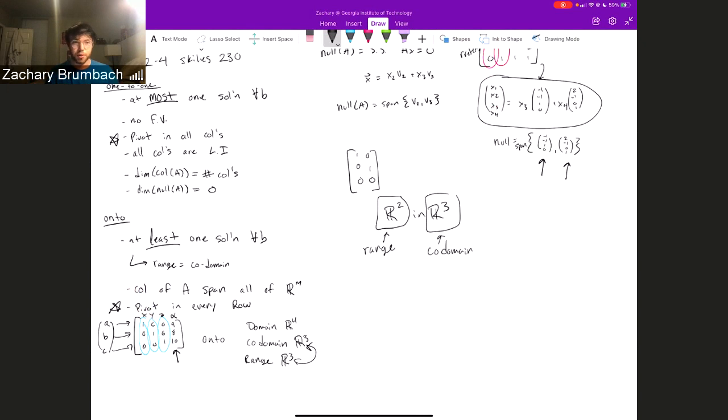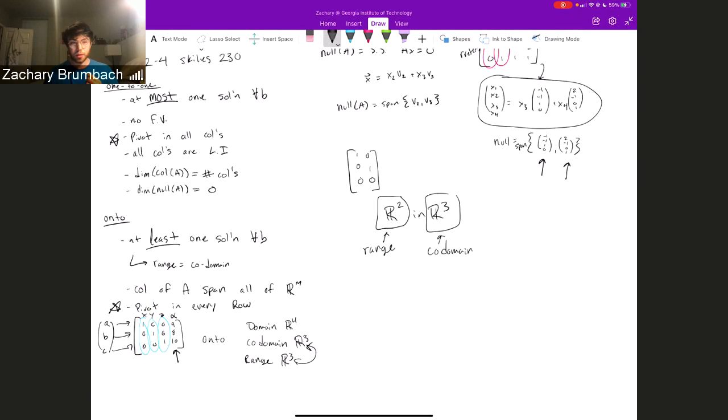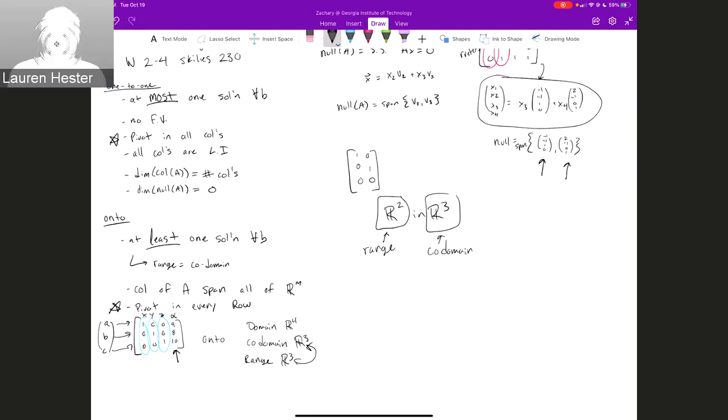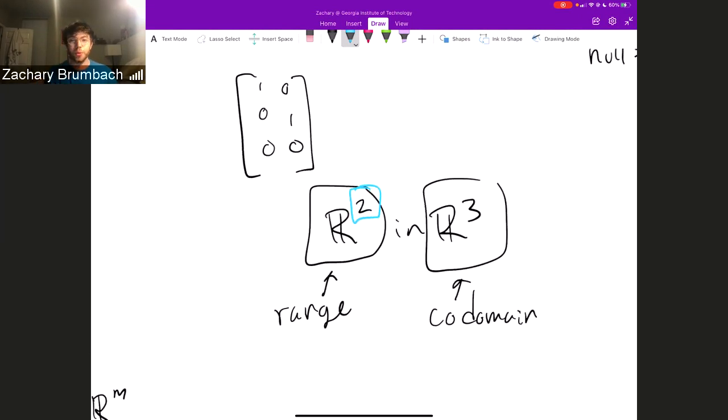I know you explained it earlier, but could you re-explain what you said about the dimension versus the column space? Dimension of the column space versus just saying the column space. Yeah, the dimension of the column space would be this number here. The column space would be the span of the vectors. That's the 2 that I squared.